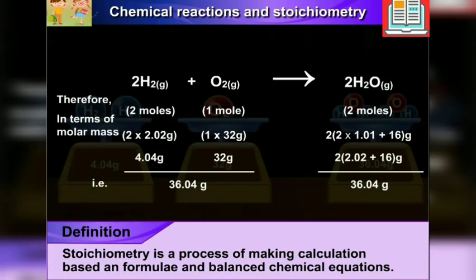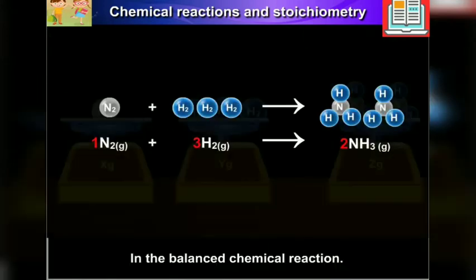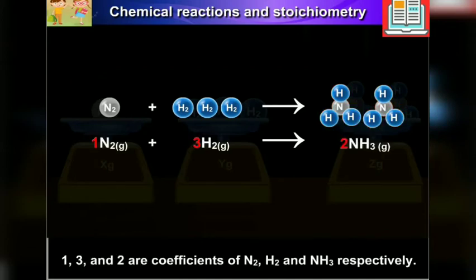Stoichiometry is a process of making calculations based on formulae and balanced chemical equations. In the balanced chemical reaction N2 in gaseous form plus 3H2 in gaseous form gives 2NH3 in gaseous form, 1, 3, and 2 are coefficients of N2, H2, and NH3 respectively.